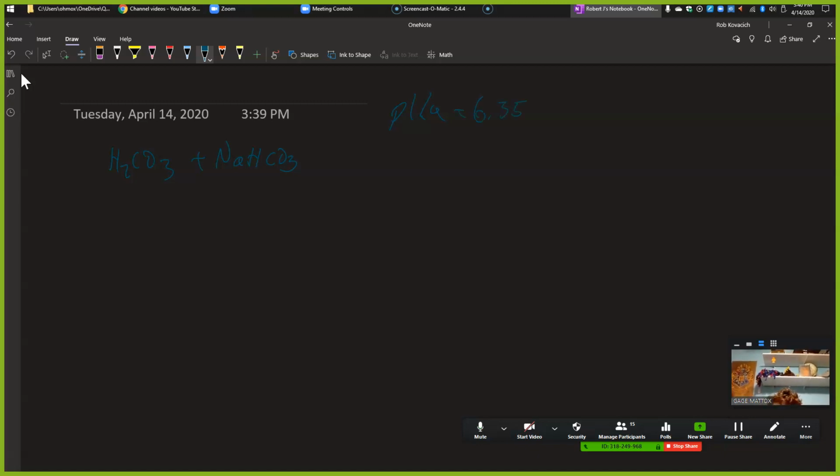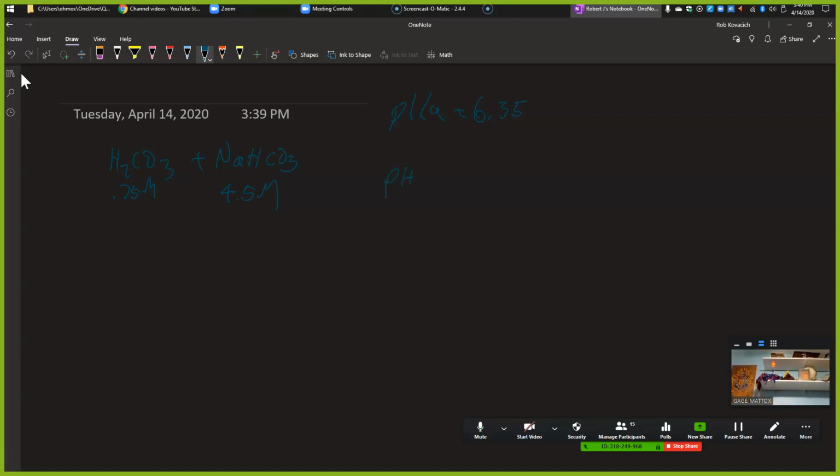Great. So let's say I'm going to make a solution, and the solution's concentration is, I don't know, let's say that this one is 0.75 molar, and this one here is, I don't know, 4.5 molar. Okay? So this buffer is going to buffer at some pH. We're not sure what it is until we punch it into the calculation.